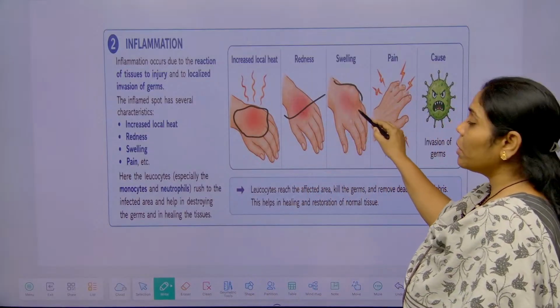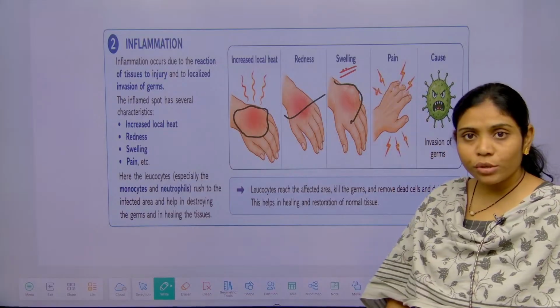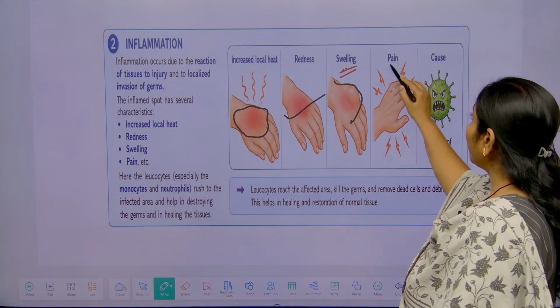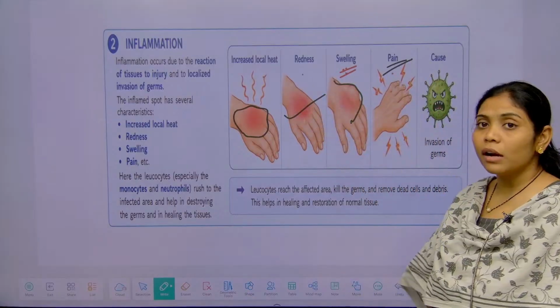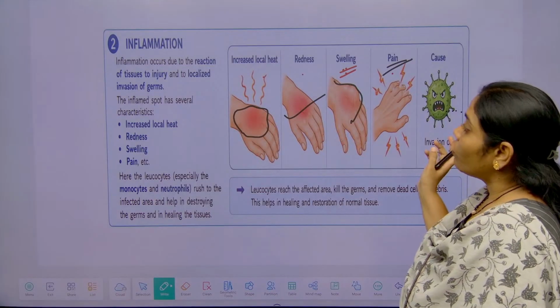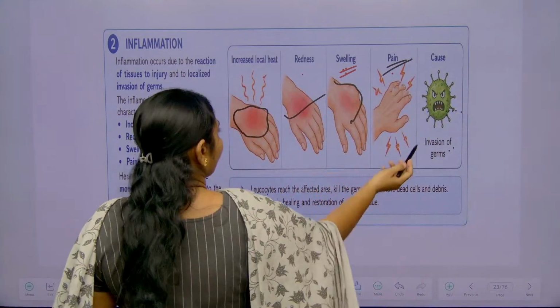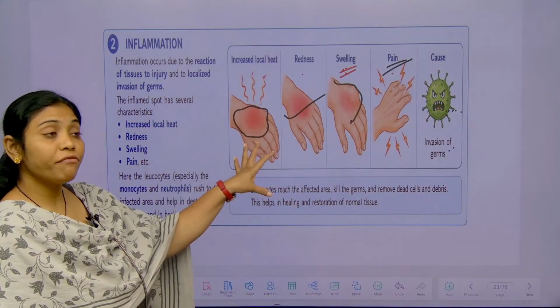The area can be bulged, that is called what? Swelling. And we can also identify what? Pain. So when all these actions occur, what is actually happening? The defense mechanism is taking place, which means inflammation is occurring.